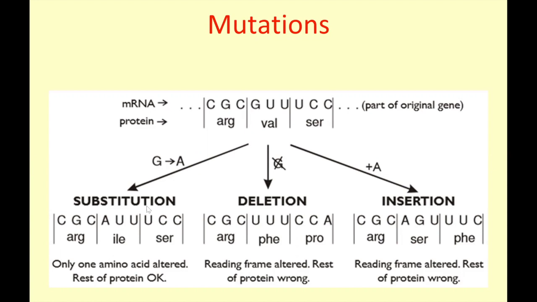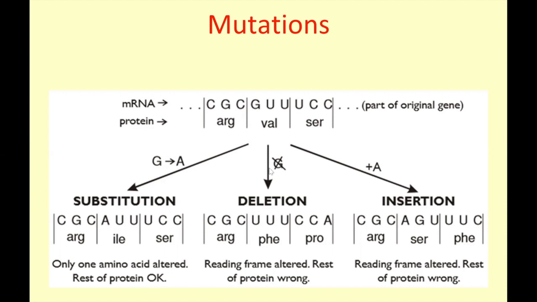Arginine and serine are unaffected, but alanine here has replaced valine. So that's a substitution mutation, and only one amino acid is altered. The rest of the protein is okay. And so that's quite a subtle mutation, and one that might have an evolutionary use if we're trying to get a lot more variety without too many deleterious effects.